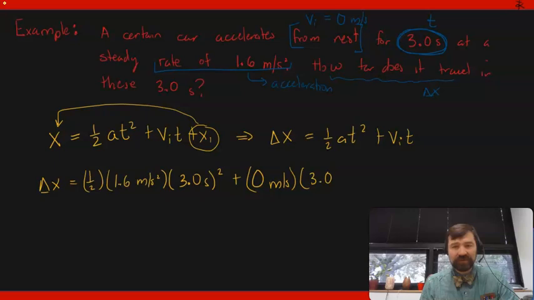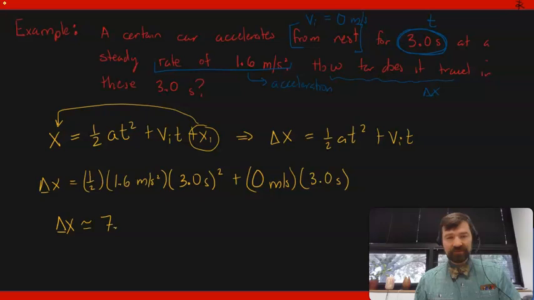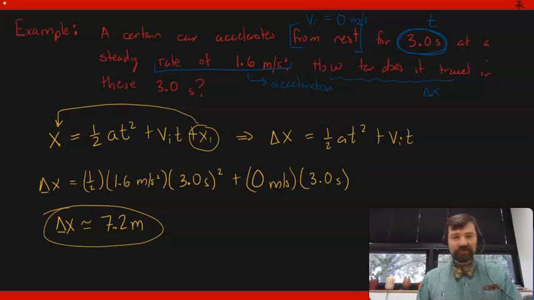So it doesn't really matter how much time since we're multiplying by 0, but for consistency let's plug in the 3 seconds here. Okay, this comes out to 7.2 meters. So x is about 7.2 meters. And that's how far this car has traveled in the first 3 seconds.